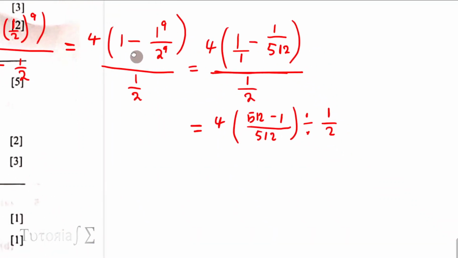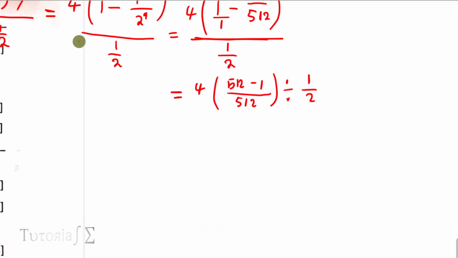Then here we can simplify this. So this will be 4 open brackets 512 minus 1, which gives us 511 over 512. Then here the division, we can change it to multiplication.